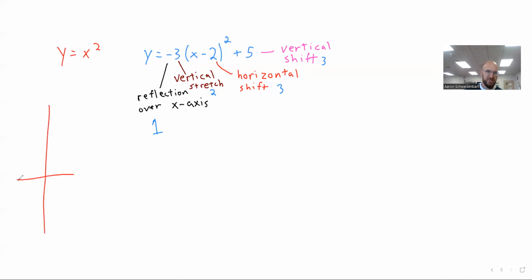So here's my original graph, y equals x squared. I'm going to do specific points. This is 4. So 0 squared is 0, 1 squared is 1, 2 squared is 4. Same with the negatives. I get a nice parabola.